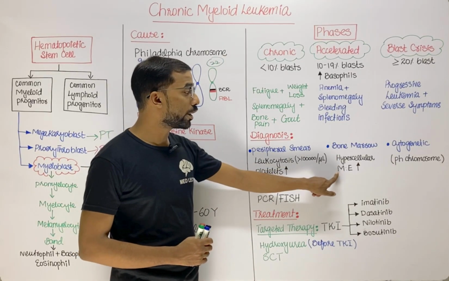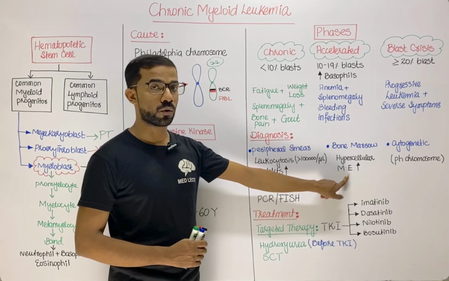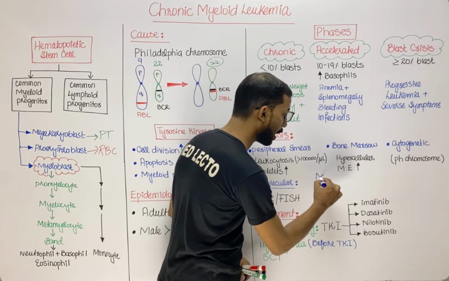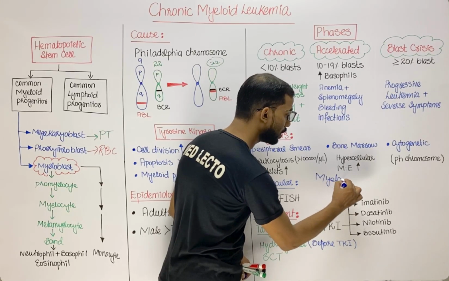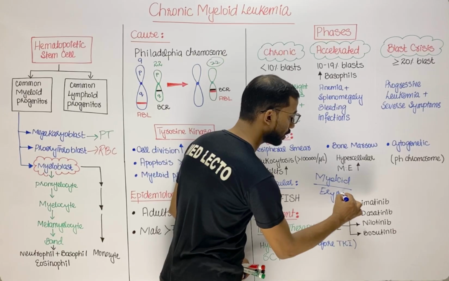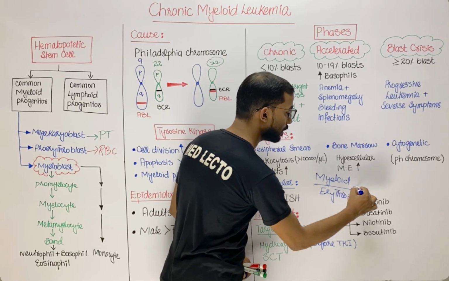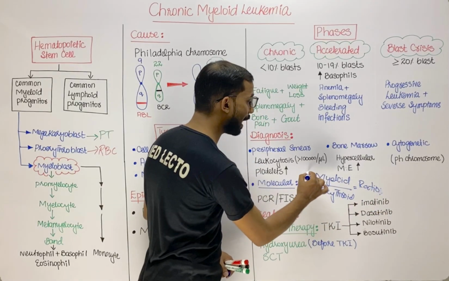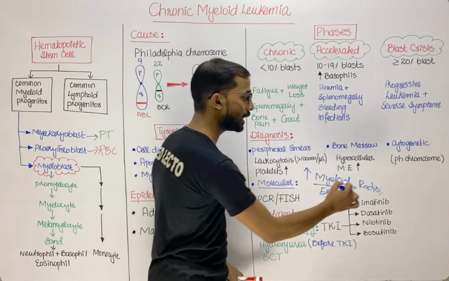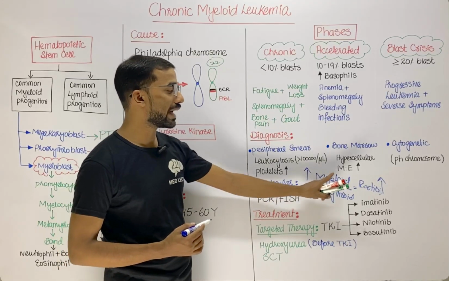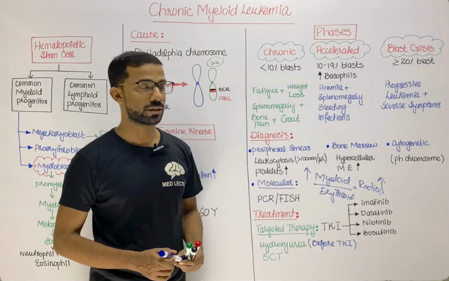And the myeloid to erythroid ratio will also be increased, because it's a direct relation. If the myeloid cells increase, then ultimately the ratio will also increase.